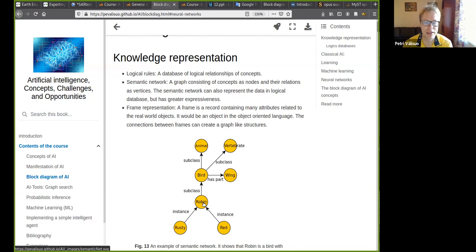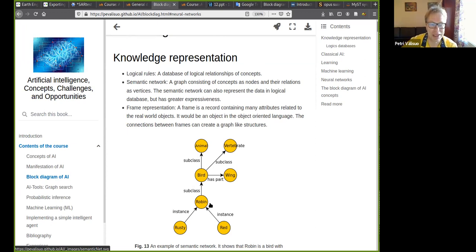When you have this kind of information encoded in a computer program, you can search for different things from it. For example, if you know that you have seen a bird that is red and rusty color, you can find out from this graph that, okay, probably it was robin. There's no other choice because there are no other birds in this database.